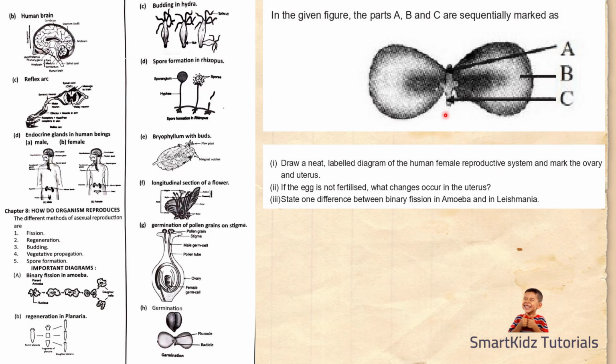Then we come to reproduction in humans. When we speak about reproduction in humans, we have to speak about the maturation characteristics in humans, in males as well as females, which we call signs of puberty. That means you're getting mature.